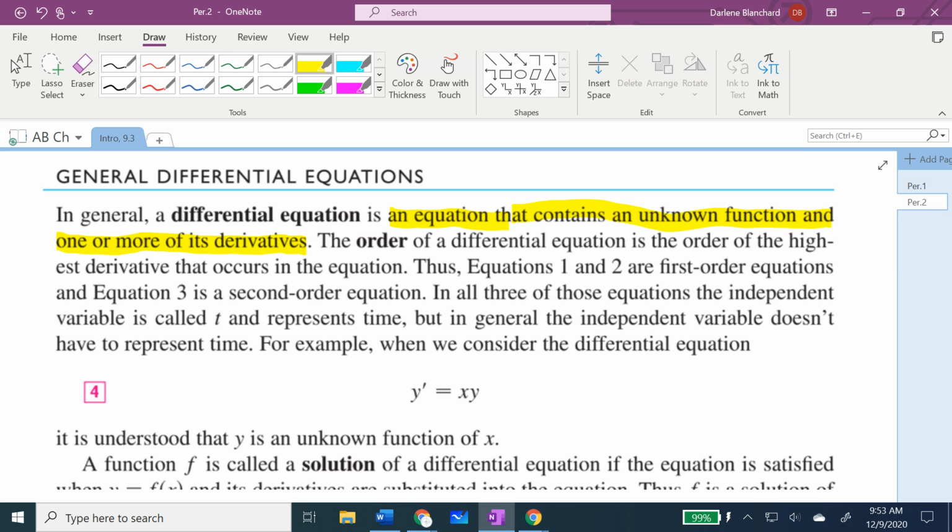As far as you're concerned, everything we've been doing is we've been solving integrals. We have been solving differential equations. Anytime you see y prime equals, it's a differential equation. And we've been solving the most basic differential equations.